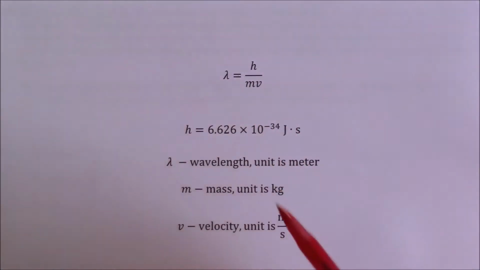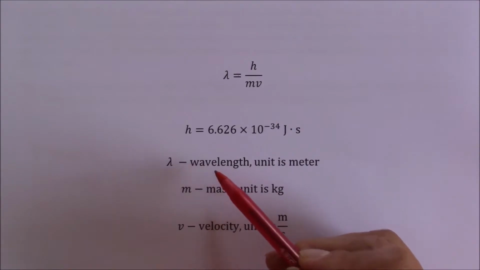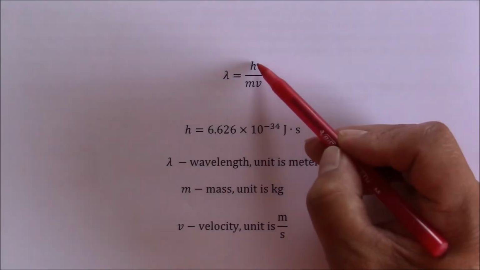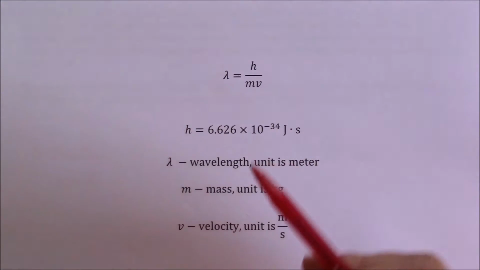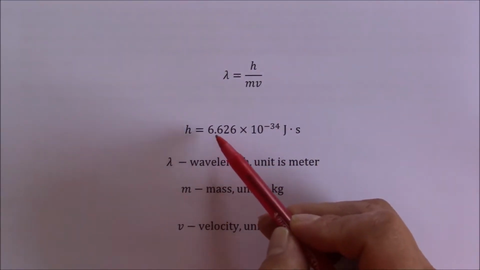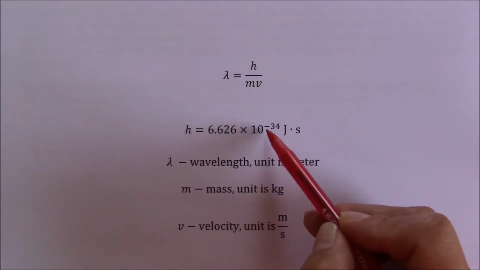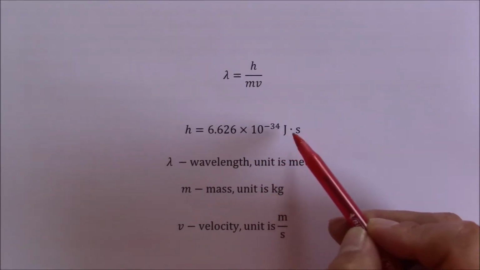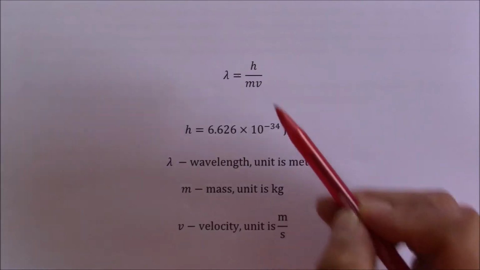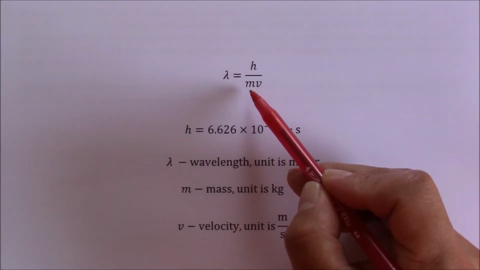Lambda is the wavelength. The unit of the wavelength is meter. H is Planck's constant. It is equal to 6.626 times 10 to the negative 34 joule times second. M is the mass of a particle.